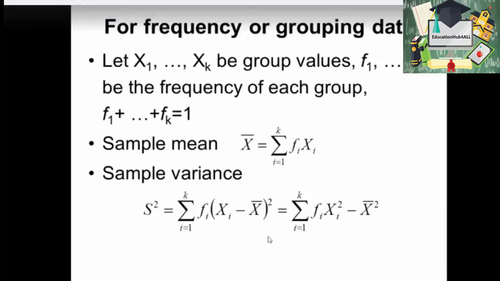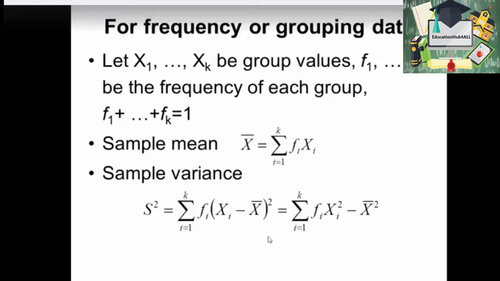Yeah, we have to consider the weight. It's a weighted average, because this one has more and this one has fewer. So basically it's 0 multiplied by 0.6 plus 1 multiplied by 0.4. This is exactly the sample mean here.